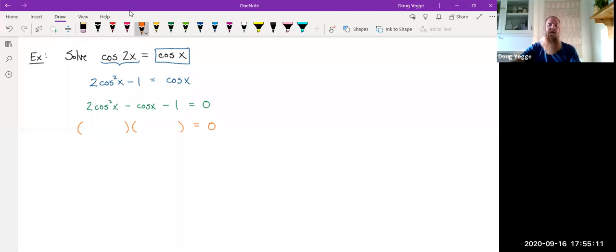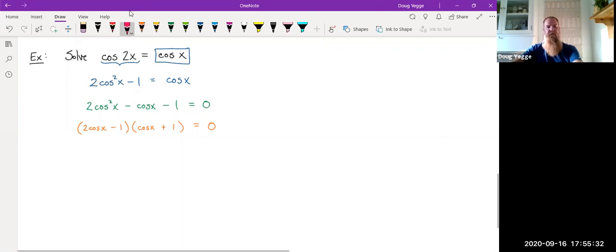I realize that in order to get 2 cosine squared x, I know one of them is going to be 2 cosine x, while the other one will be cosine x. And if the last term is -1, that means one of them is going to have to be -1, and one will be +1.